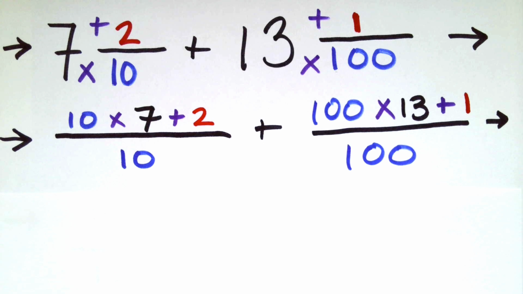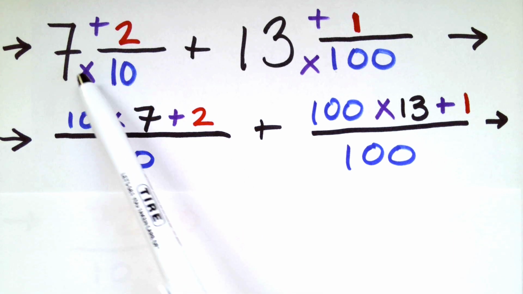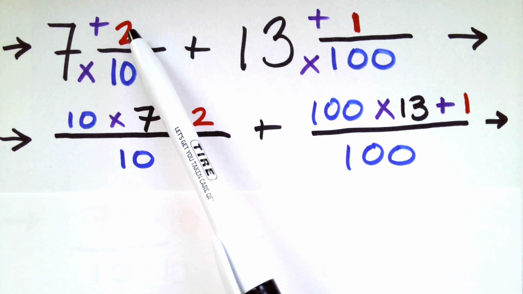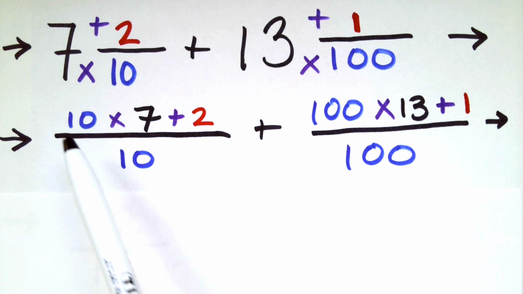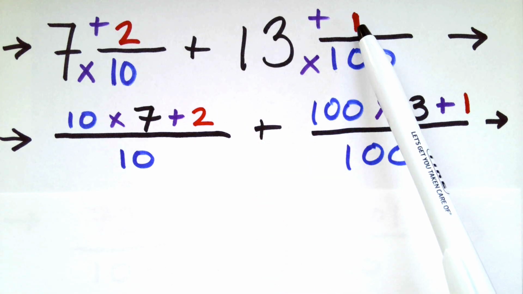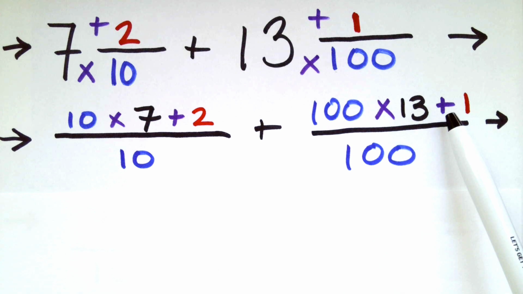Okay, so the easiest way for me to add these fractions is to convert the mixed numbers into improper fractions. So 10 times 7 is 70, plus 2. The denominator stays the same. Plus, 100 times 13, which is 1,300, plus 1, divided by the same denominator, 100.